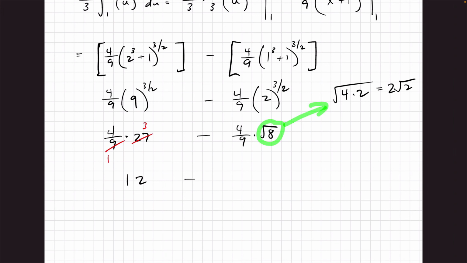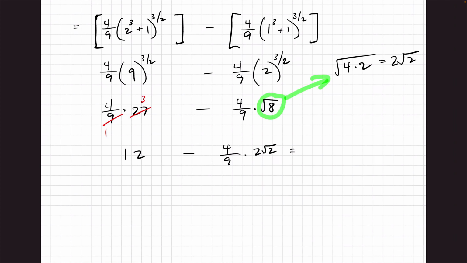So it's 2 root 2. So we get 12 minus 4 times 2 is 8, square root 2 over 9. And I'm good there. You can do common denominators, but it's not necessary. As long as you can get there, I'm happy.